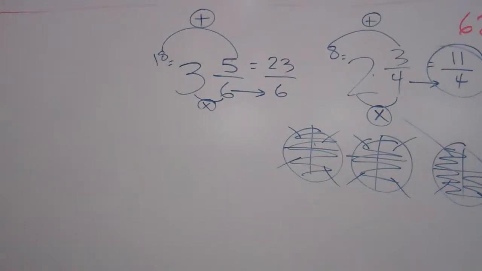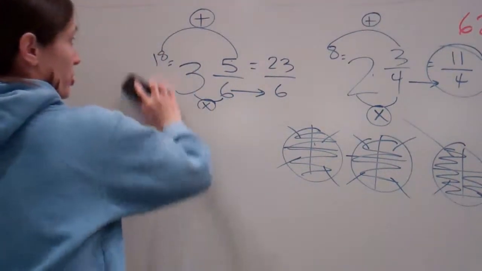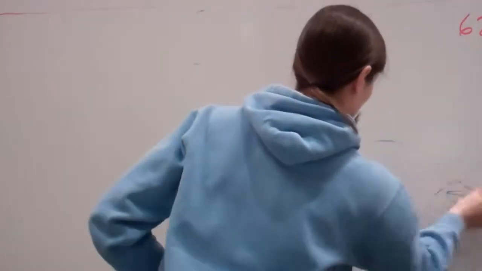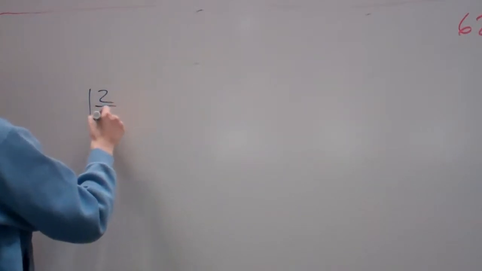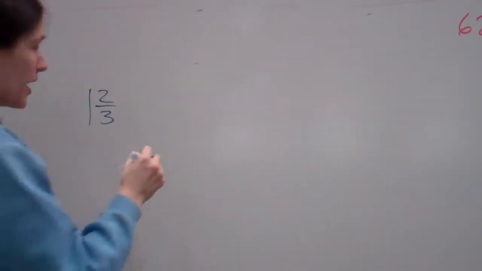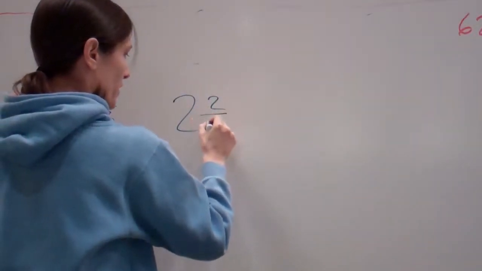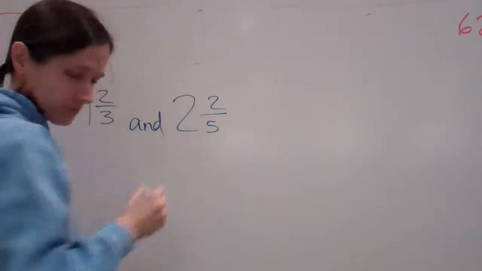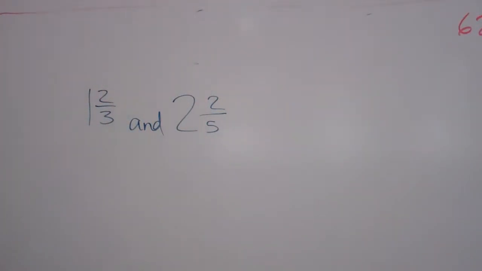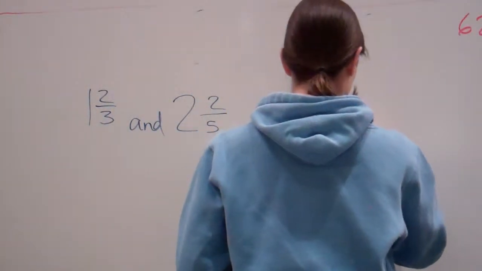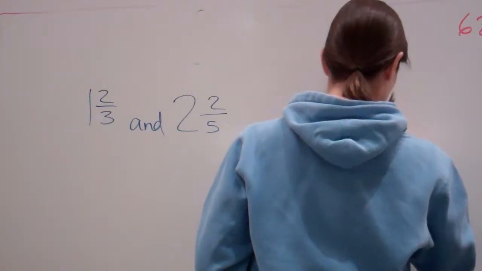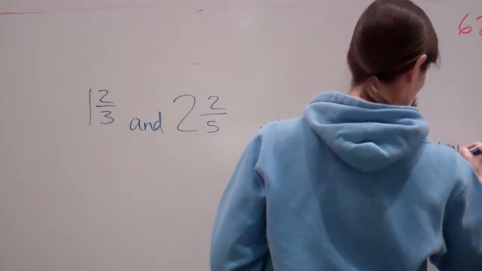Okay, one more. Actually, it's going to be 2 more because you're going to do 2 problems within this one. Here's what it says. Write 1 2/3 as an improper fraction and 2 2/5 as an improper fraction. And then multiply the improper fractions.